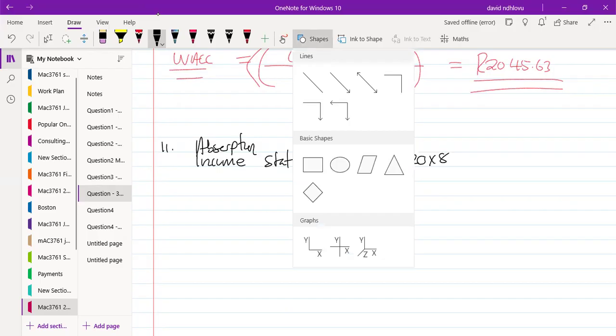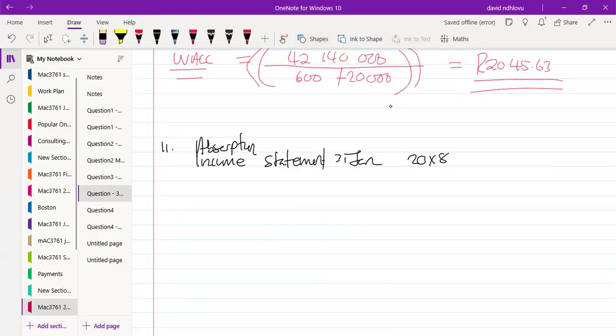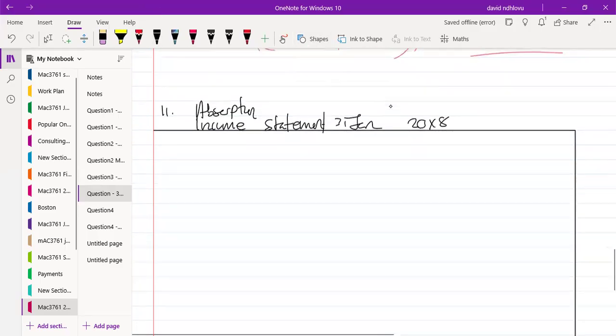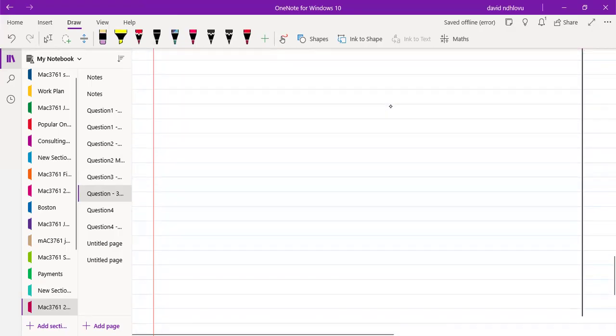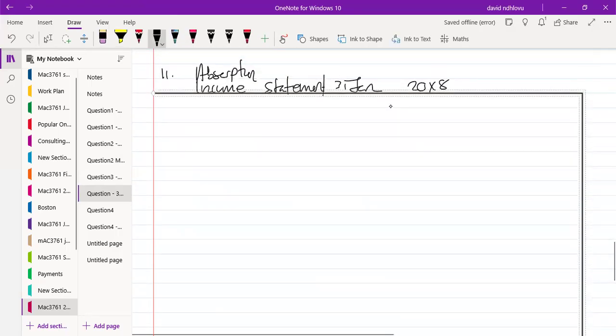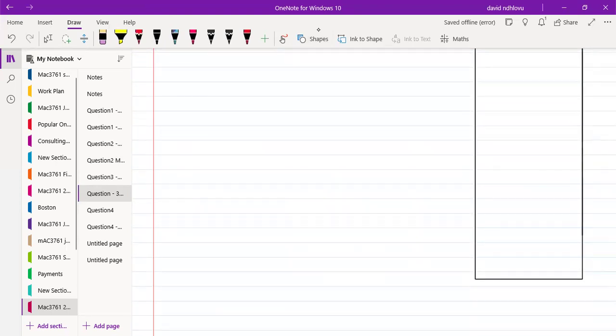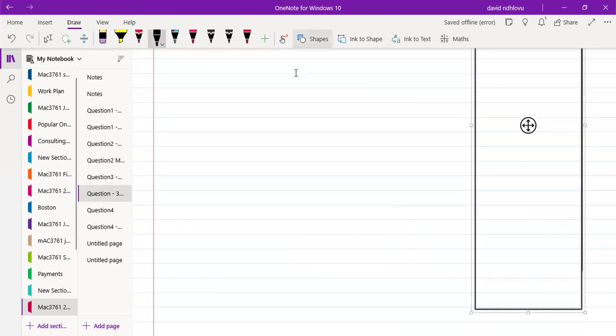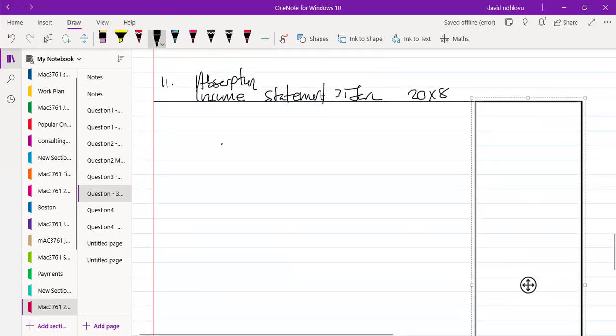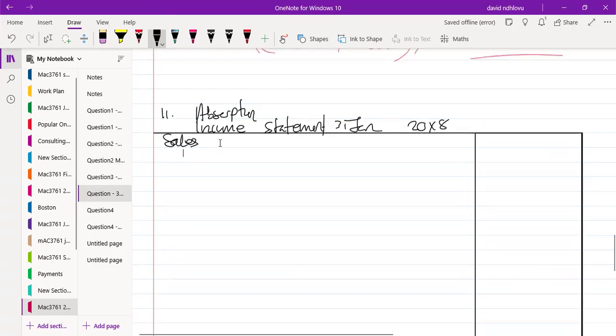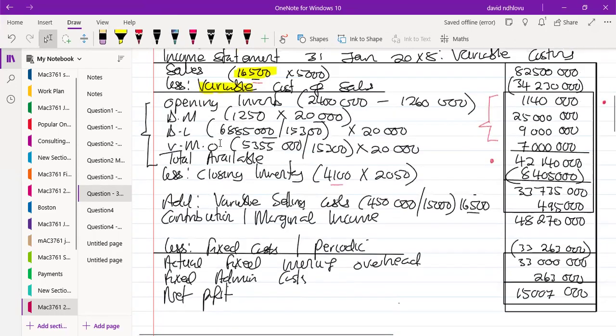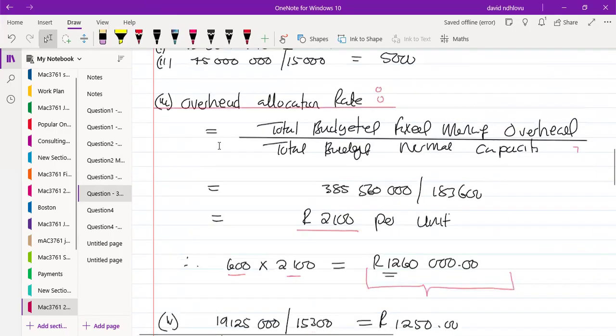We are still applying the FIFO method for inventory valuation. So we still have our sales. The sales figure does not change, regardless of method. It remains the same, so I've got 82,500 today.